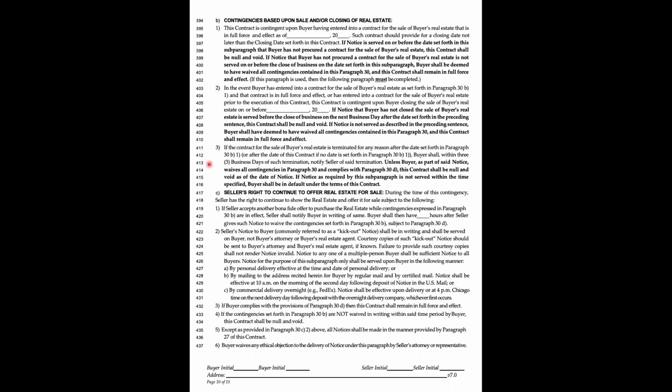Beginning on line 417 and continuing through 437, all contingent contracts give the seller the option to continue showing their home to new prospective homebuyers, with the theory that another homebuyer may come along and offer the seller better terms than yours, presumably one without any, or at least less, sale and close contingencies.